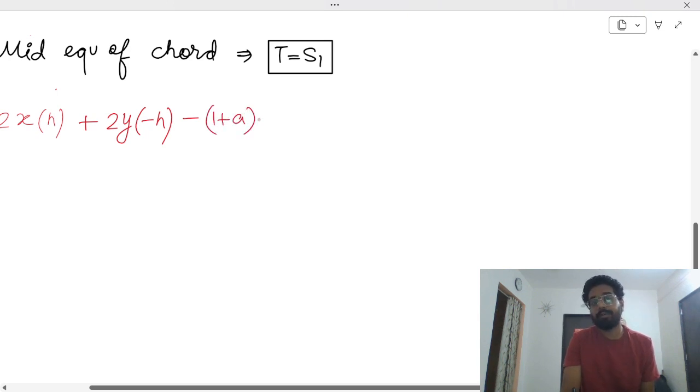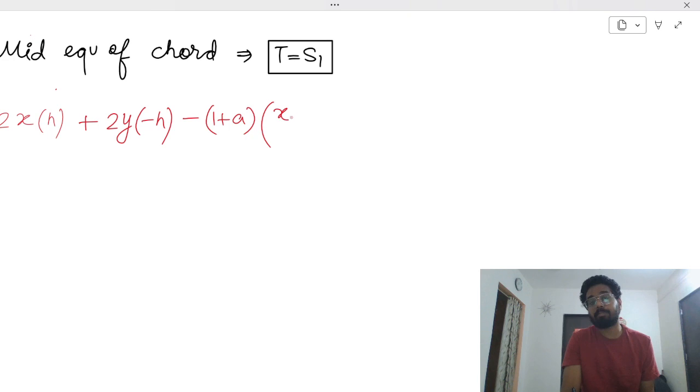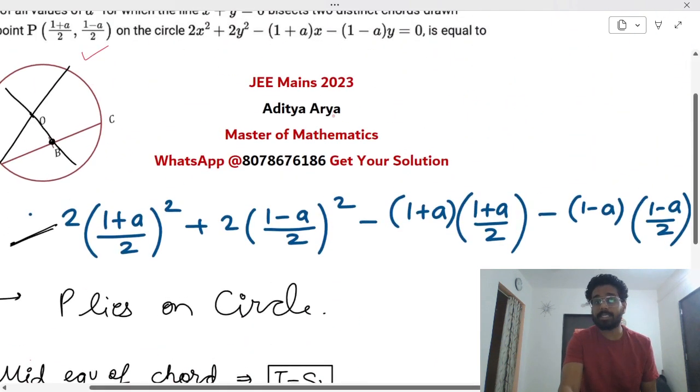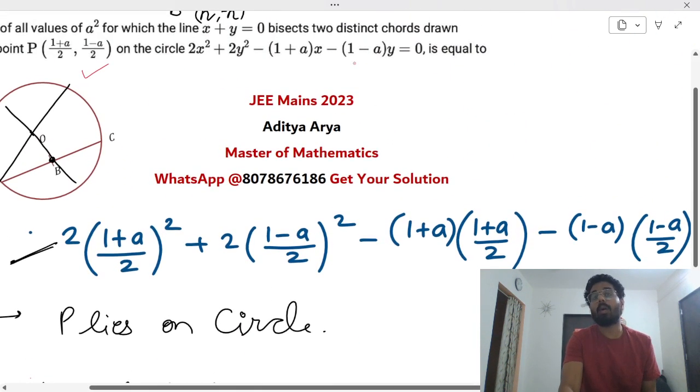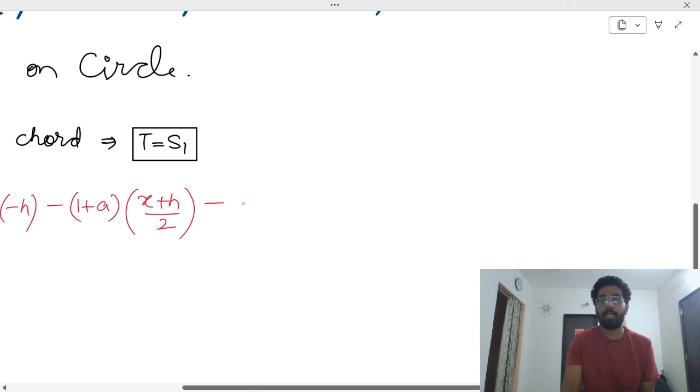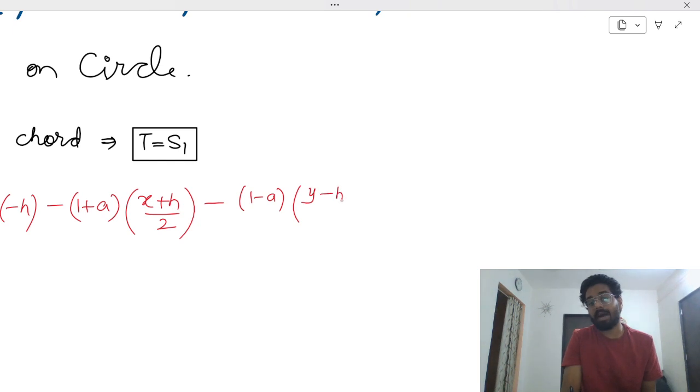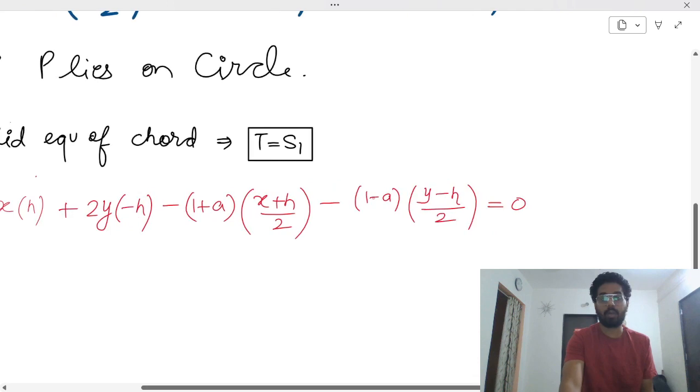Those who do not know, we write (x plus x1) by 2. Next, if you read the question, it is minus (1 minus a) y. So I'll write (1 minus a) into, in place of y, (y plus y1) by 2, where y1 is minus h, equals 0. That's what we have.